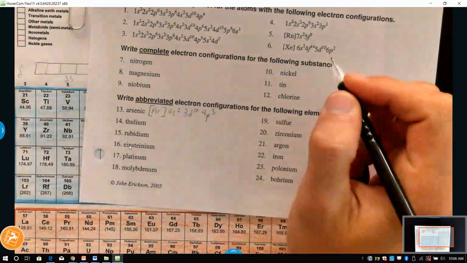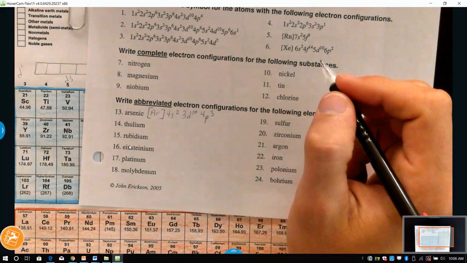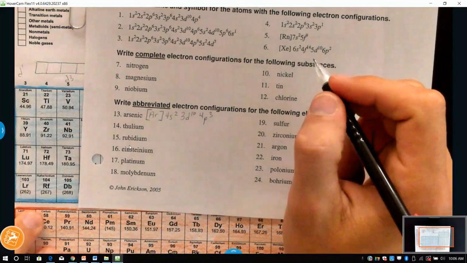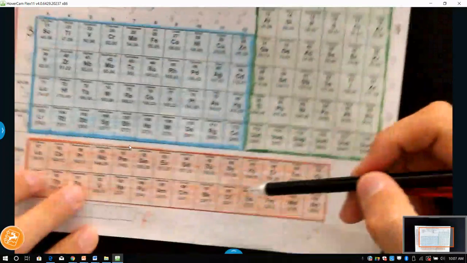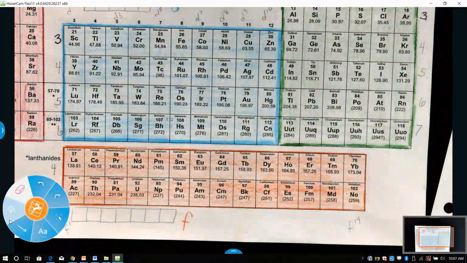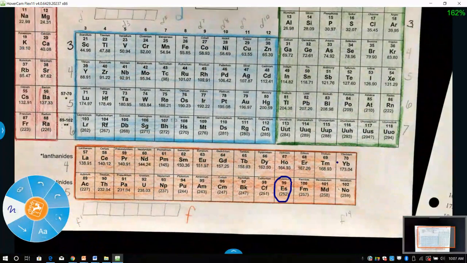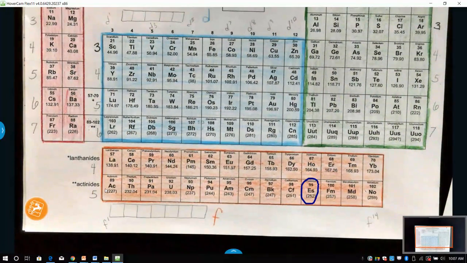Some of the ones that I saw a lot of people messing up with. Let's take a look at Einsteinium, Es, number 99, right down here. Let me highlight that for a sec. What is the noble gas that comes before that?